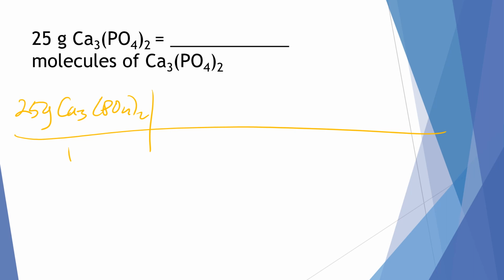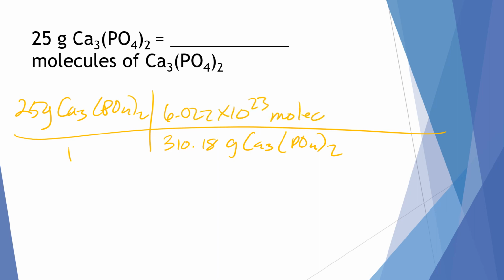So the molar mass is 310.18 grams of calcium phosphate. Molecules, so 6.022 times 10 to the 23 molecules. I'm going to abbreviate like this, molecules calcium phosphate. I don't know if that's the official one, but I'll work with it, it's fine.